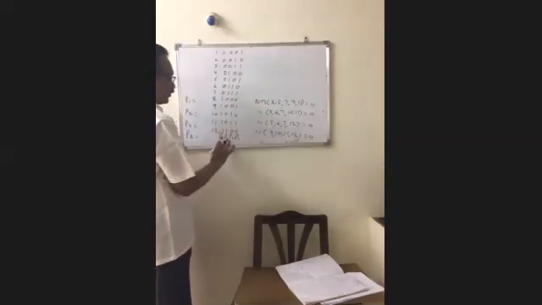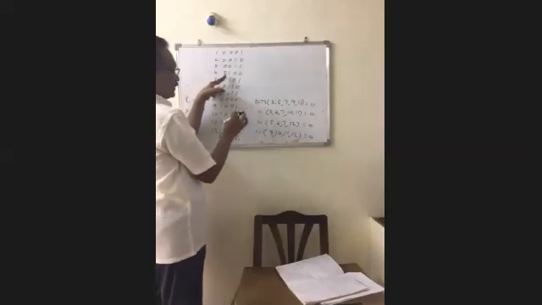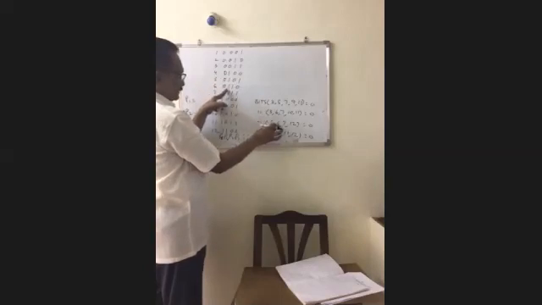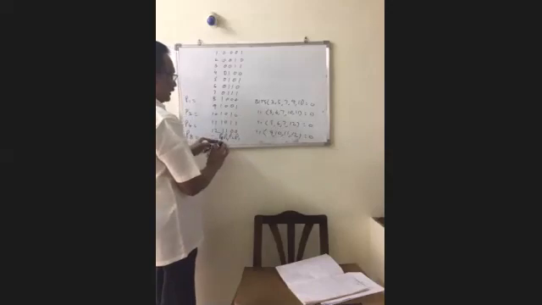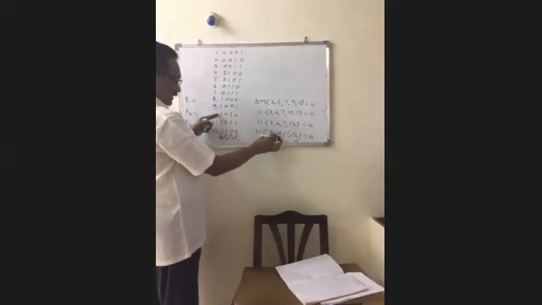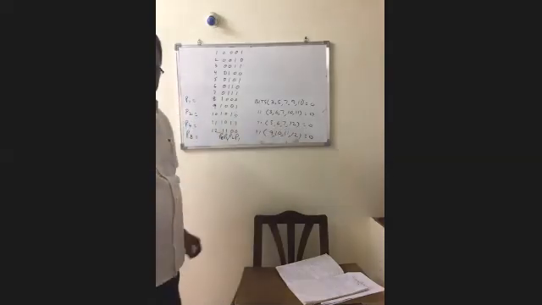Next for P4, except 4: 5, 6, 7, 12. For P8, except 8: 9, 10, 11, 12. Is there any doubt in that one?